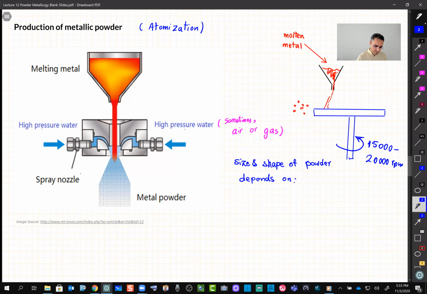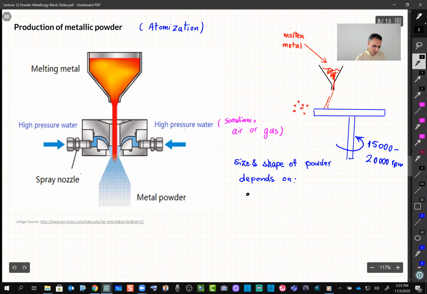So let me add it down here. One thing before we forget is the temperature of molten metal.